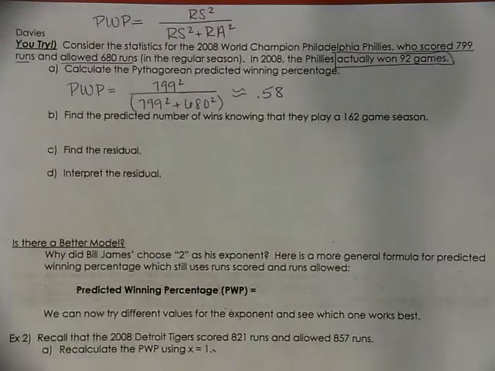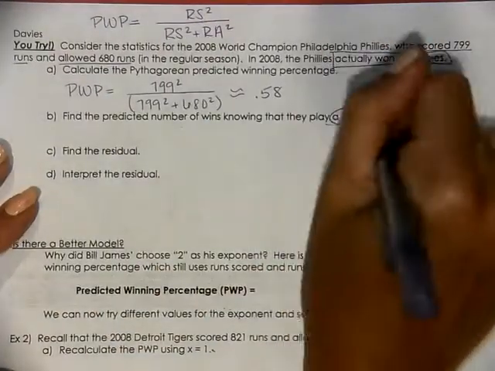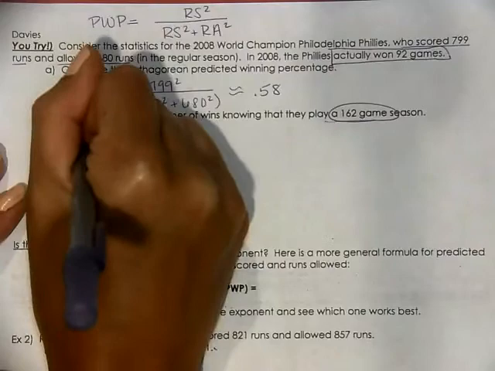So you should get about a 58% for the predicted winning percentage. So now, remember, they play 162 games, so 0.58.